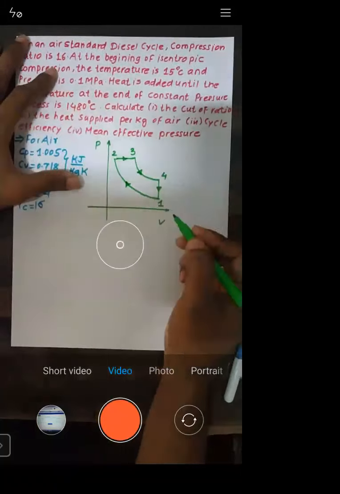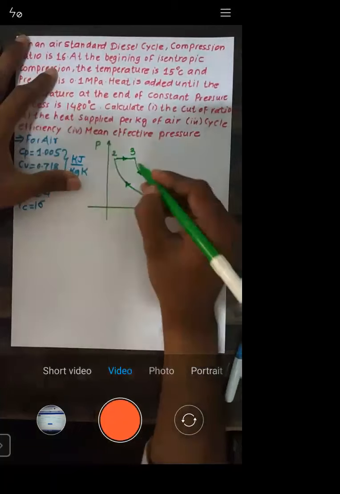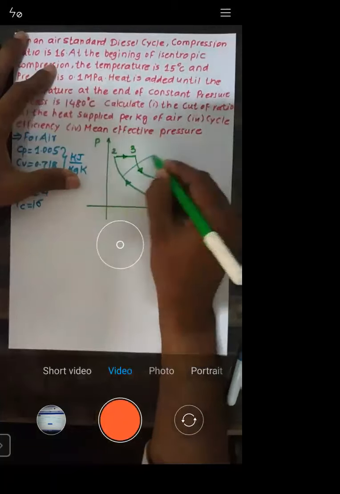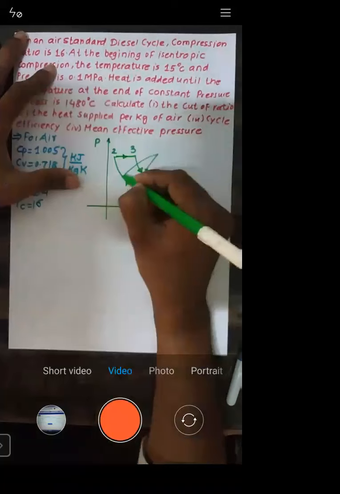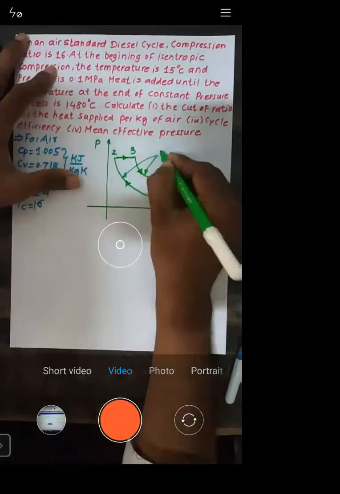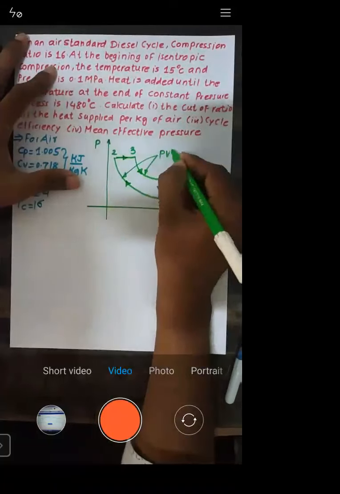They are governed by the law PV to the power gamma equal to C.